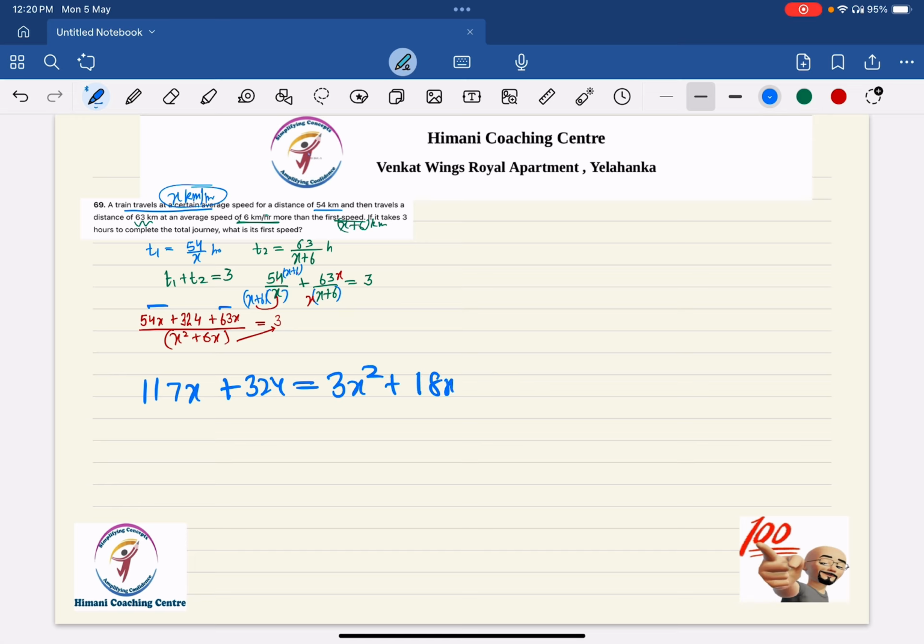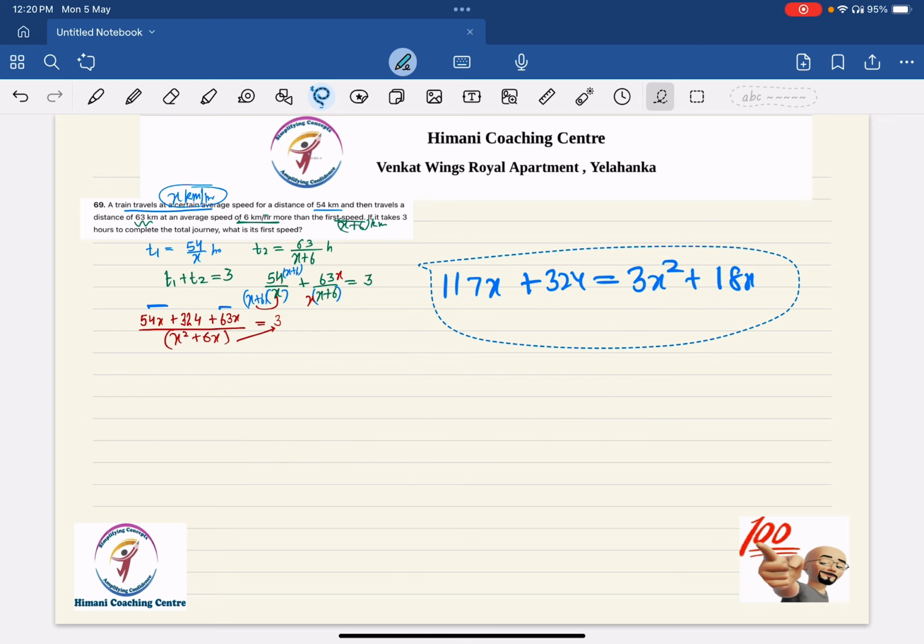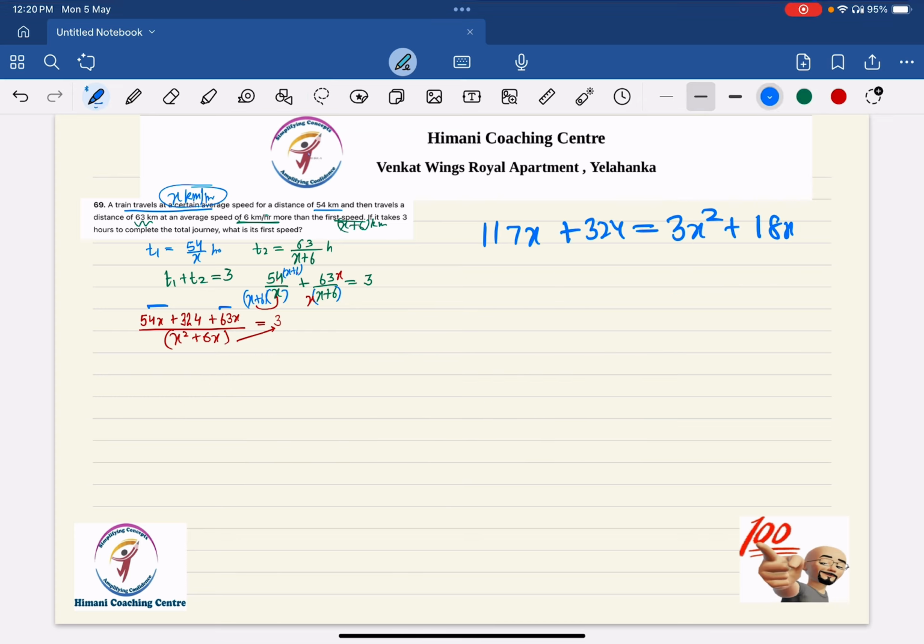Again, we have got a quadratic equation. So we need to solve that. So let us keep it here and try solving it here only. So I will do what? 3x square plus 18x, 117x goes to other side becomes minus 117x, plus 324 goes to other side becomes minus 324 equals 0.